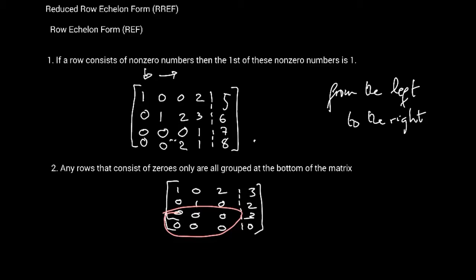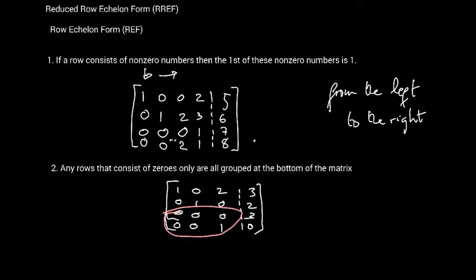But if I were to change one of these numbers, for the sake of argument, I changed this to 1, then this is not in RREF at the moment. Zeros should be bunched at the bottom, so we should interchange these rows, for instance. But in its current form, it is not in REF and is not in RREF.